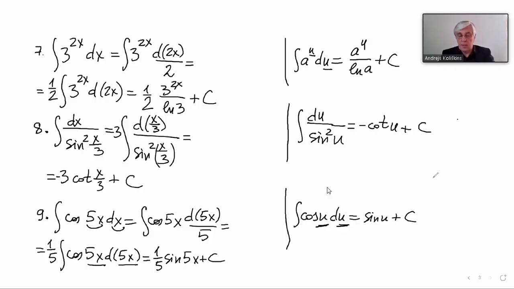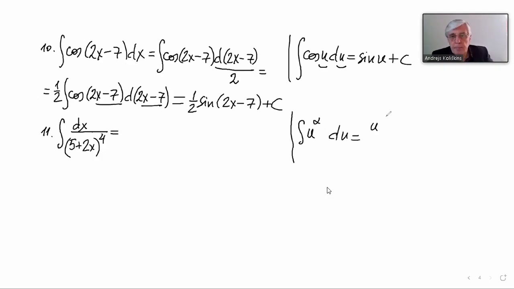Now, the first thing again, look at the formula. So we will see in a moment that the formula that we need to use is the following from the table.